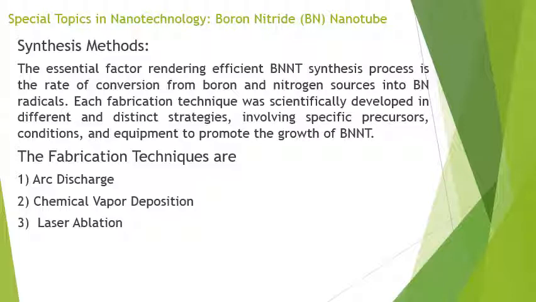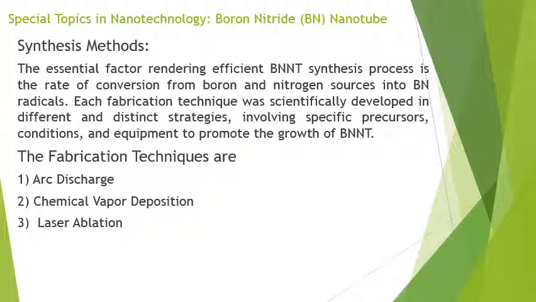So each fabrication technique was scientifically developed in different and distinct strategies involving specific precursors, conditions, and equipment to promote the growth of boron nitride nanotube. So the fabrication techniques are arc discharge, chemical vapor deposition, and laser ablation. Right. So first we will see the arc discharge method.